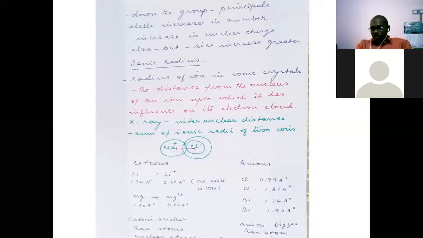The proton charge is higher than the total electron charge. Therefore, the attraction will be much more. So the ionic size is small in the case of cations. It is not only because of the loss of one complete shell, it is also because of the effective nuclear charge, or the nuclear attraction felt by the outermost electron. But in the case of anions, additional electrons are found.